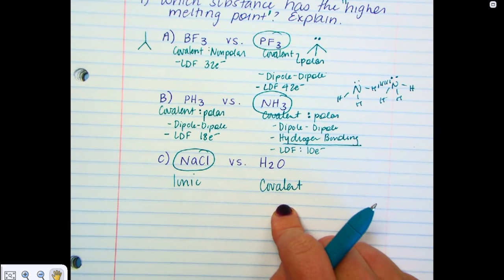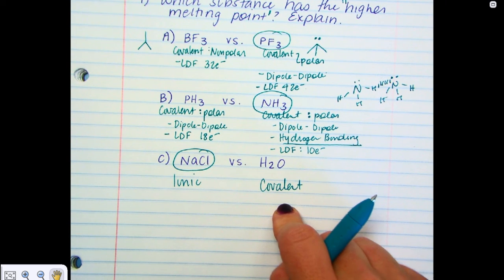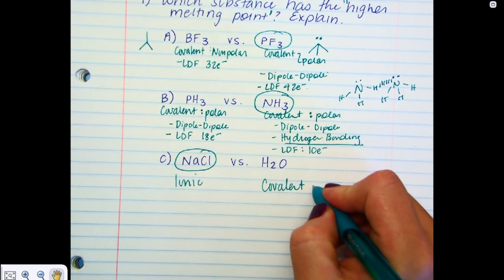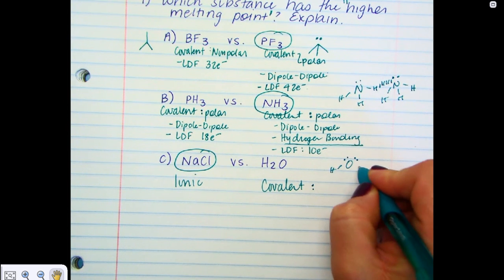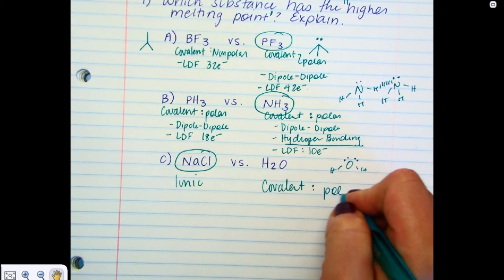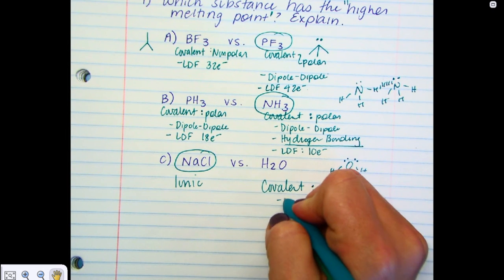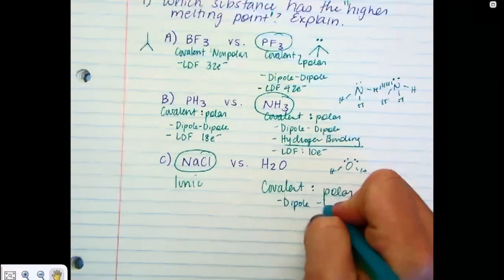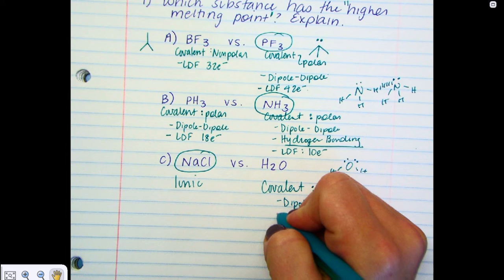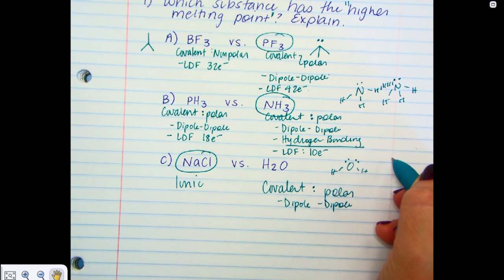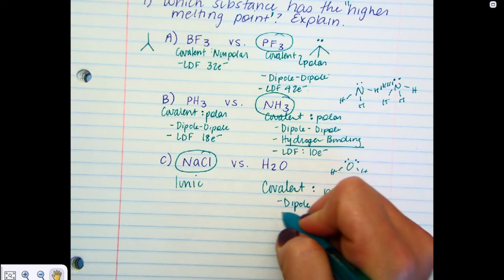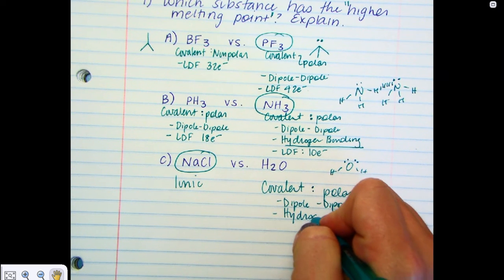Look at my covalent substance, my dihydrogen monoxide, my water. I know oxygen in the middle, 2 unshared pairs of electrons. This buddy is polar. I know that if it's polar, it has dipole-dipole. I know that because I've got a hydrogen and an oxygen, if I had another water molecule over here, the hydrogen would attract to the oxygen, so it has hydrogen bonding.